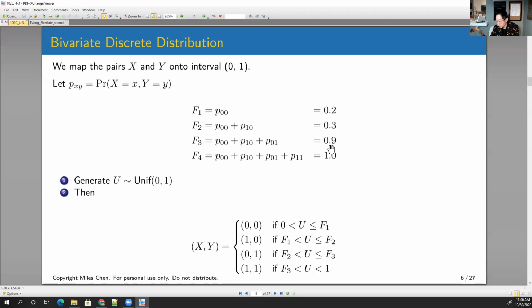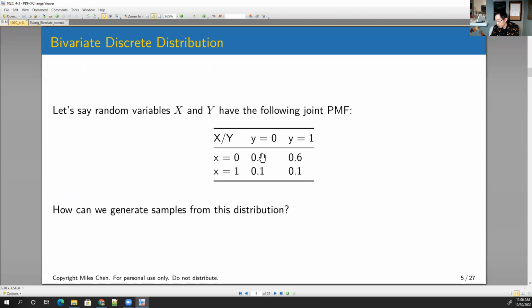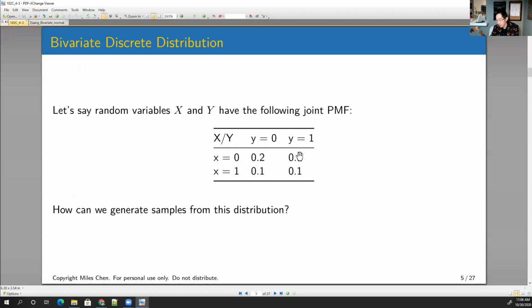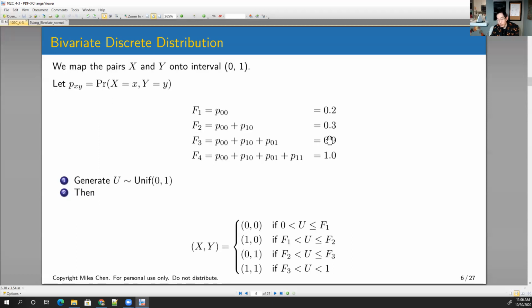And then as we go, the cumulative probabilities, if I go down the column, 0.2 and 0.1, if I add those together, that would end up being 0.3. So the probability of 0, 0 and the probability of 1, 0 add up to 0.3. Then I go over to the next column, and if I add up this, this, and this, they add up to 0.9. And if I add up all four, we're going to get 1.0.